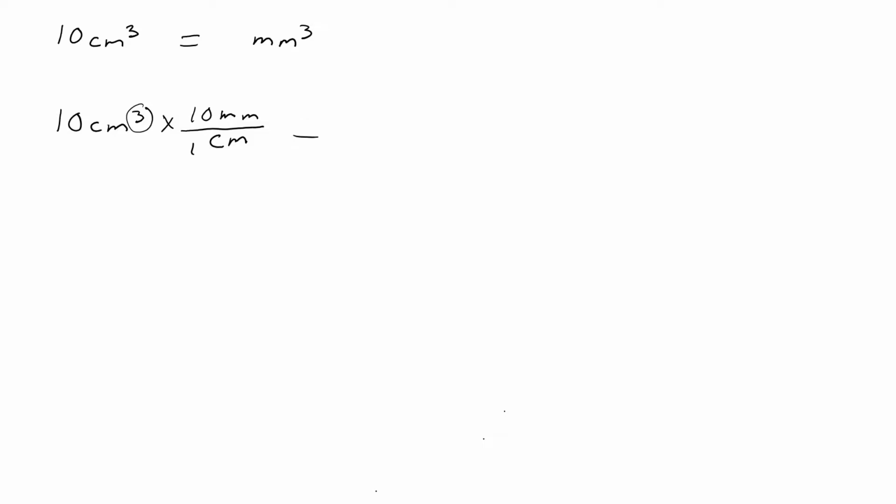So this is, that's 1, isn't it? We're good, right? But I can multiply it by 1 again, right? And I still don't change the value. So what I can do again is I can do 10 millimeters over 1 centimeter. And because we have centimeters cubed, I have to do it one more time. 10 millimeters over 1 centimeter.